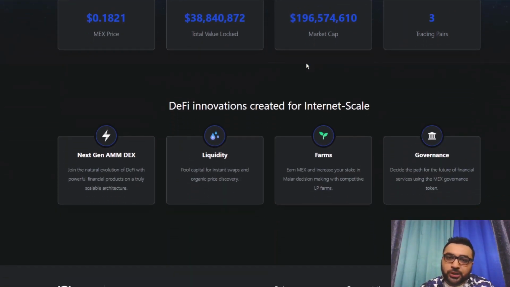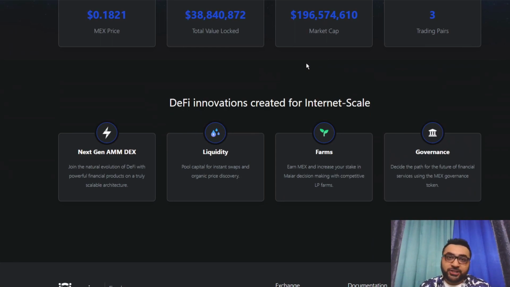Now, the four features Maiar DEX is going to offer are the next generation automated money market DEX; liquidity, as in you can provide liquidity and you're going to get LP tokens, which you can use to farm and earn APY on them; and governance for you to have a say in MEX.